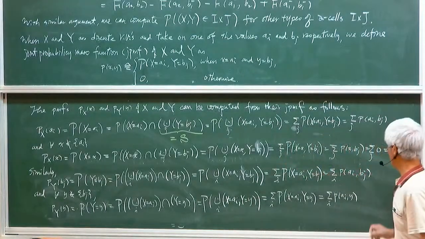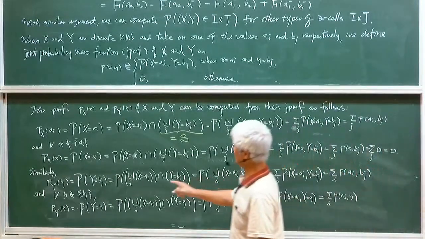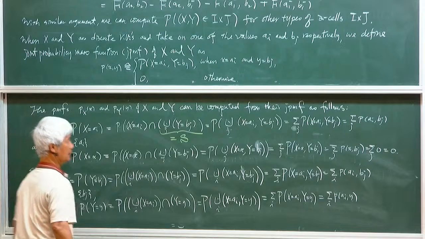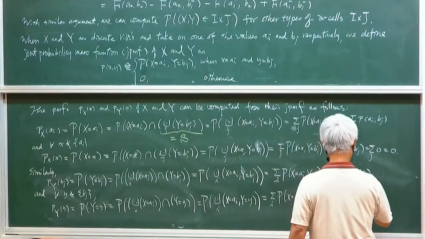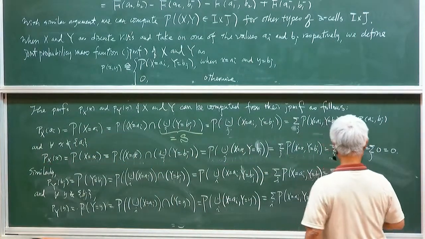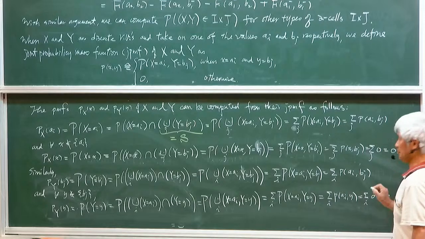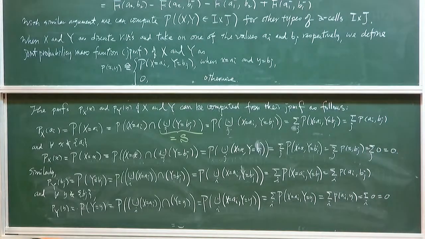Because y is not in any b sub j, we have a summation of zeros, and so the value is zero, as we know.